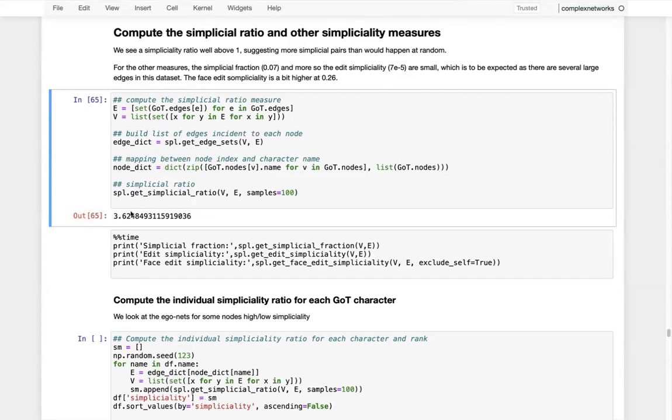A simplicial ratio of 3.6 means that we are 3.6 times more surprised, with respect to the number of inclusions of vertices, than we would be if we were to draw edges at random. So not surprising again, because there are a lot of scenes that involve a certain number of characters, and then there are other scenes that involve a subset or a superset of those characters, and this is to be expected, of course.